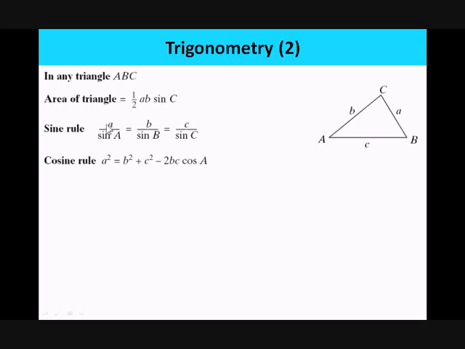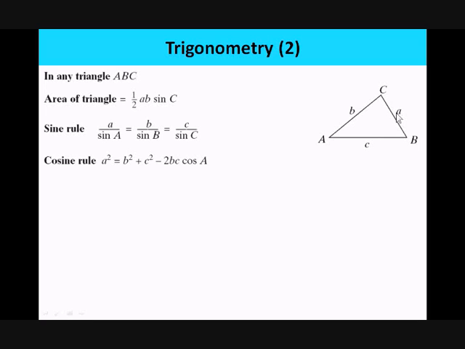Now if you look at the sine rule, it's a over sine A equals b over sine B equals c over sine C. So that side divided by the sine of that angle equals that side divided by the sine of that angle, which in turn equals that side divided by the sine of that angle.